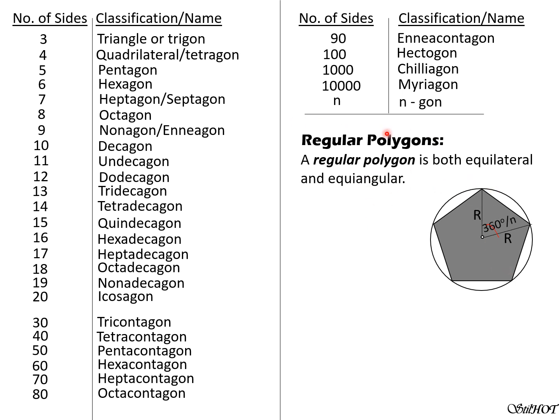Just focus on the area of one isosceles triangle and the associated elements such as the interior angle.